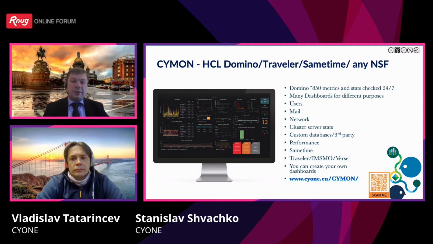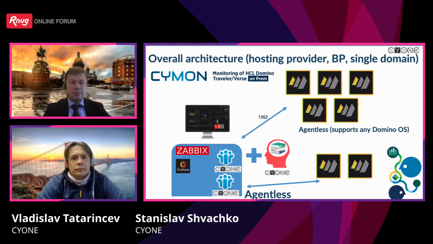Now it's 850 checks, 24 hours, 7 days a week. We check the health state of Domino, some bases, some security checks, and you can deploy this solution in less than 10 minutes. If you are interested, you can visit our website, CYONE, or our English version, and read about the solution in Russian or English.